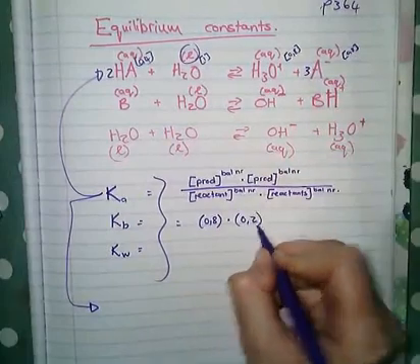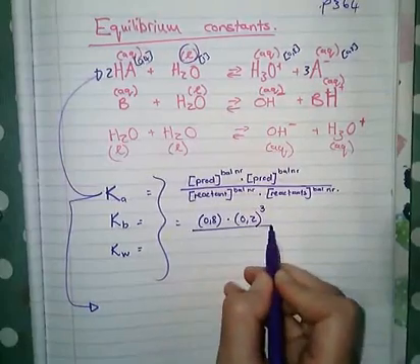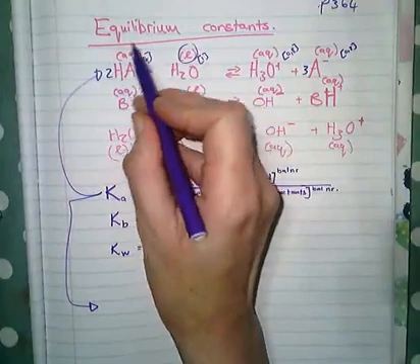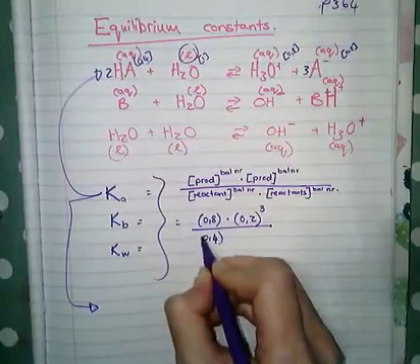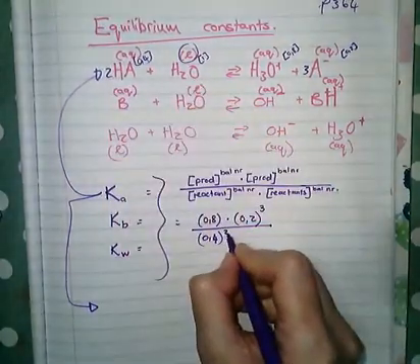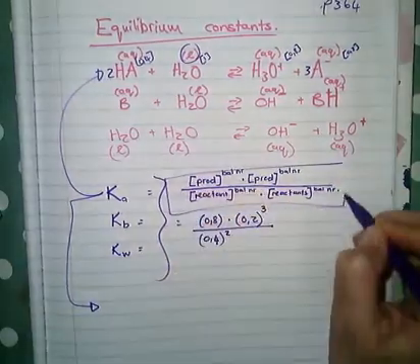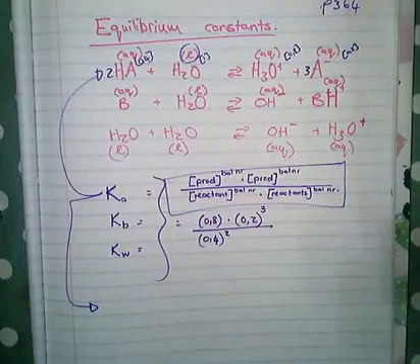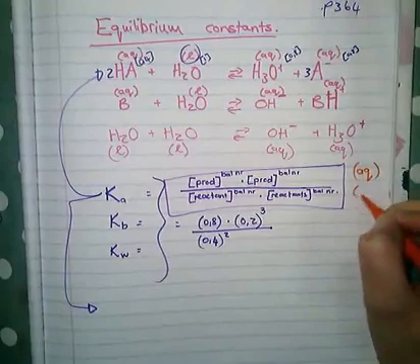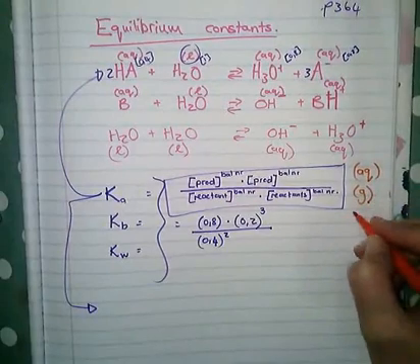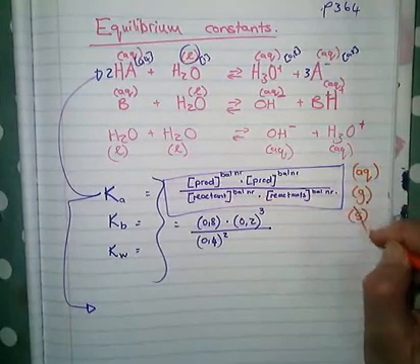But this all always counts only for aqueous solutions and for gases. If either a reactant or a product is a solid, we ignore it in this calculation. And if either a reactant or a product is a liquid, we ignore it for these calculations. So in these calculations, where we calculate the equilibrium constant, we only use aqueous solutions or gases.